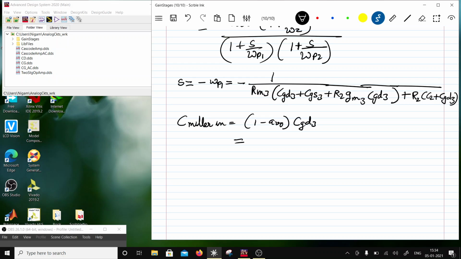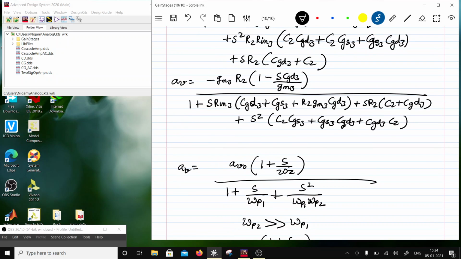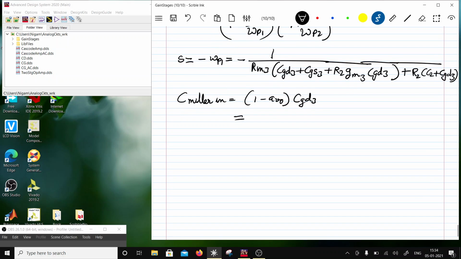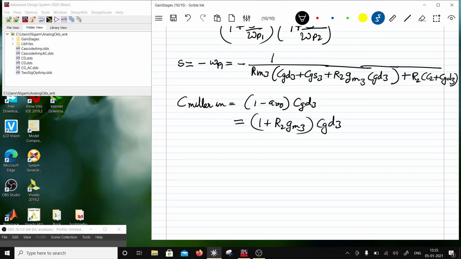So if I consider that, I would have AV0 as GM3 R2, so it will be 1 plus R2 GM3 times CGD3. This is the Miller capacitance. So let's look at this term, which is basically this plus this.